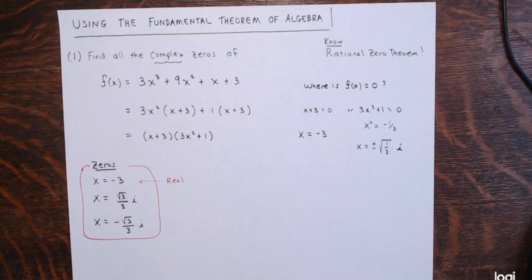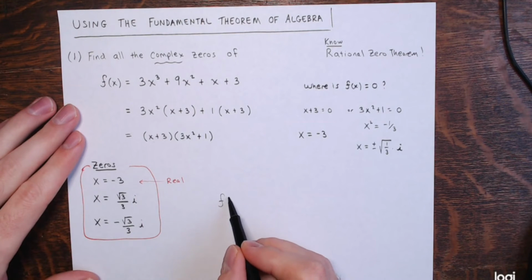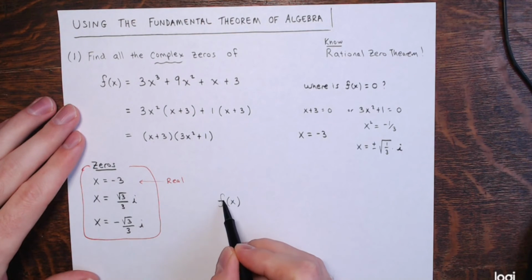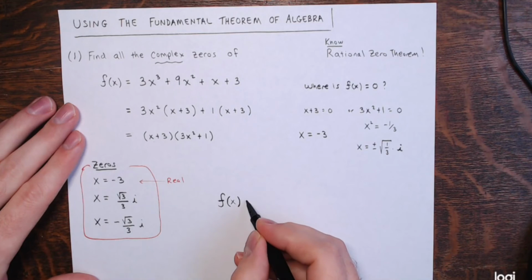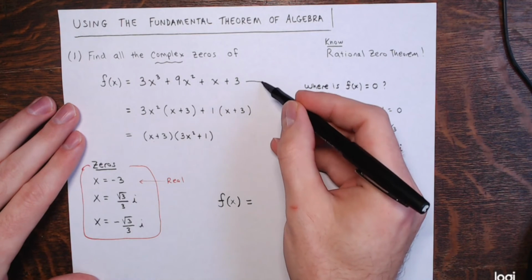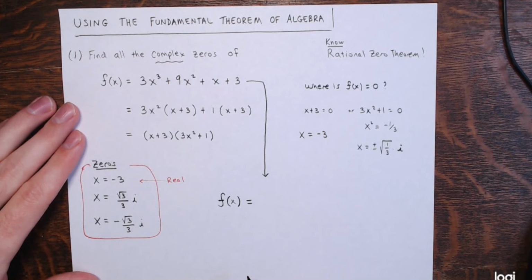Now, this means we can express f of x in the following way. Remember that second part of the fundamental theorem with the factored version of a polynomial? So that means I can express this function in this way, as 3, right?